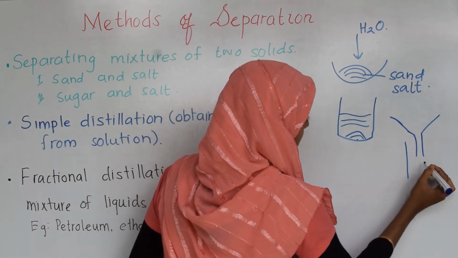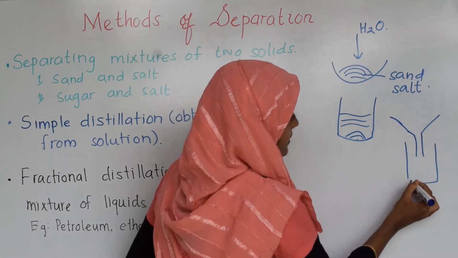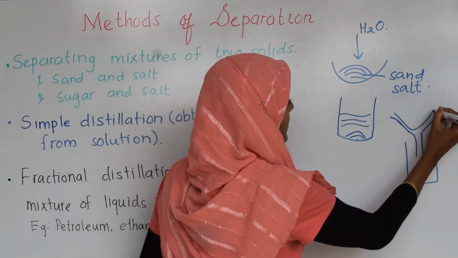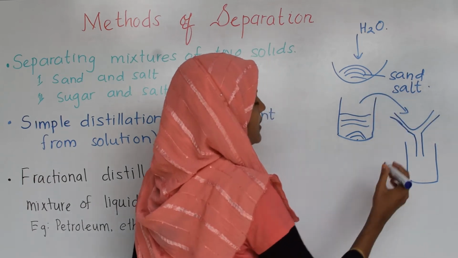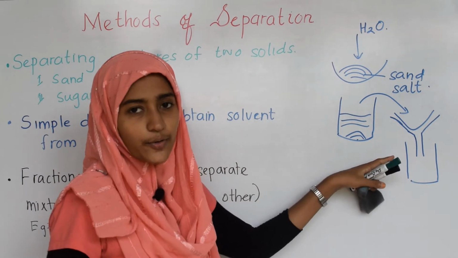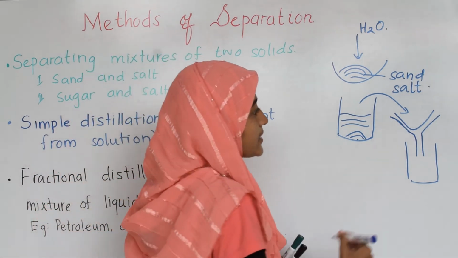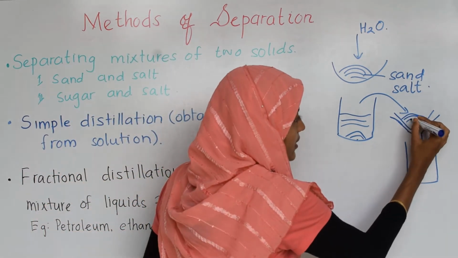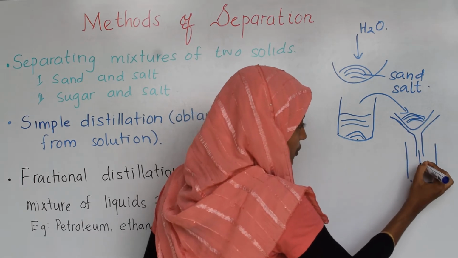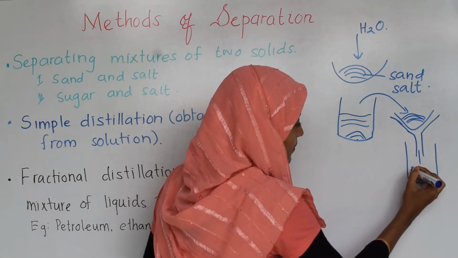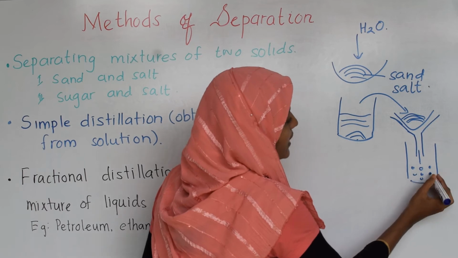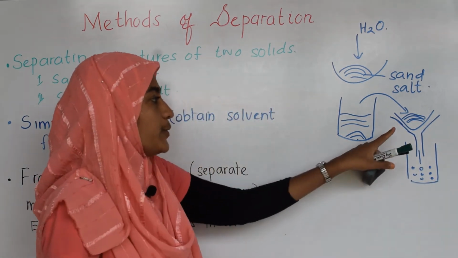So we do filtration for this. You put the filter paper, then you pour this mixture into it. Sand will remain on the filter paper, and the salt solution will slowly drip down. So here you get salt solution, here you get sand.